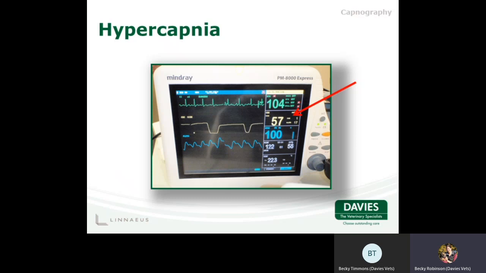But when you're starting to get to levels such as that we can see in this picture here, sort of above 55 to 60 millimeters of mercury end-tidal carbon dioxide, we probably need to be thinking about what we can do to alter that. And that is usually instigating a change in the patient's ventilation.